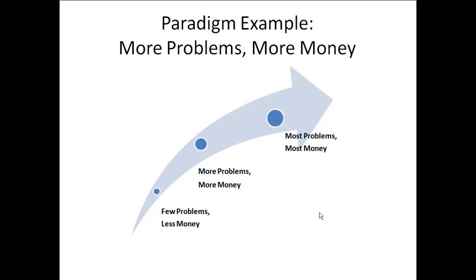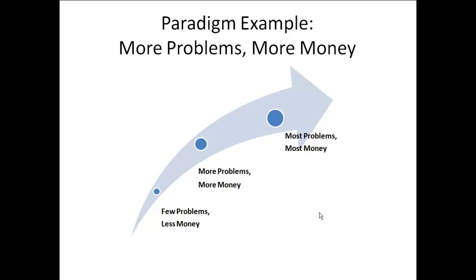And basically, the way that this paradigm is represented in this graphic is that we start at the beginning and we enter our positions or we create a new project, a new department, a new process.